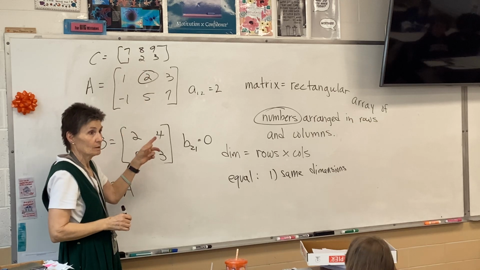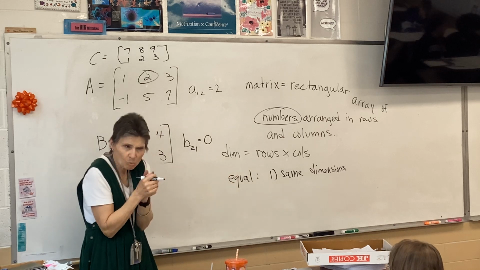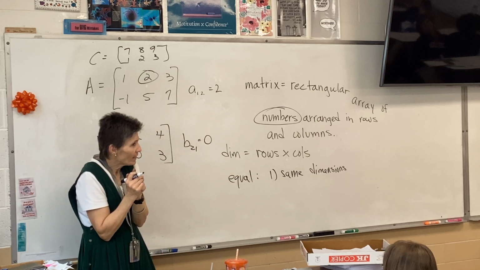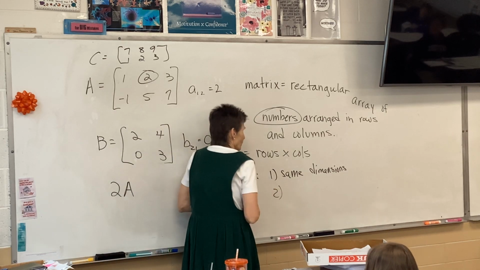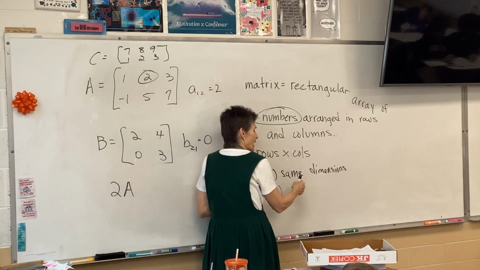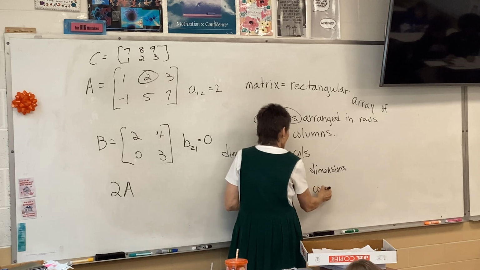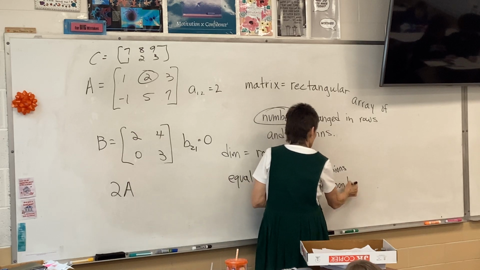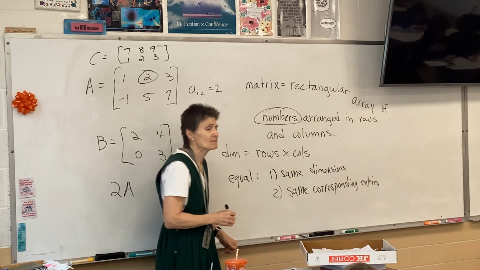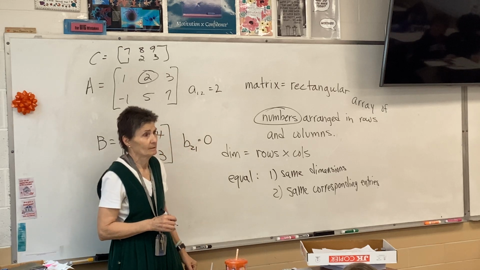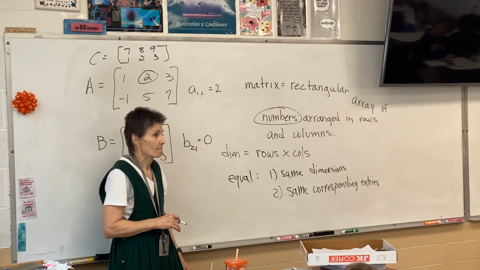No, they're the same size, but they're not equal. Because why? They don't have numbers in the right spots, right? So to be equal, you must be the same size, have the same dimensions, and you must have the same corresponding entries, which is just a fancy way of saying you gotta have the same numbers in the same spots. That's how you be equal. You are exactly the same.